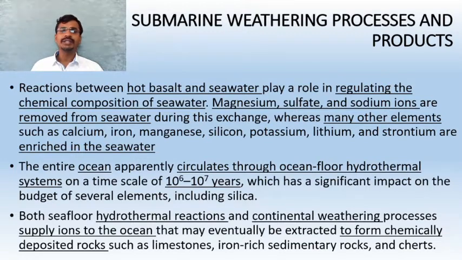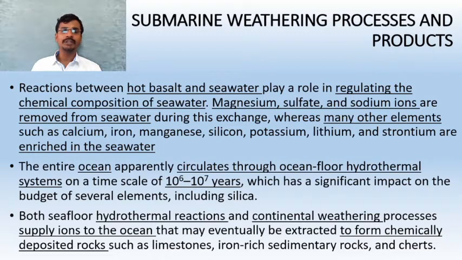The entire ocean, what happens is, apparently circulates through the ocean floor hydrothermal system on a time scale of 10 to the power 6 to 10 to the power 7 years. So over this period of time, the whole water in the ocean circulates through such ocean floor hydrothermal systems. What is important is this has a significant impact on the budget of several elements including silica in the ocean water.